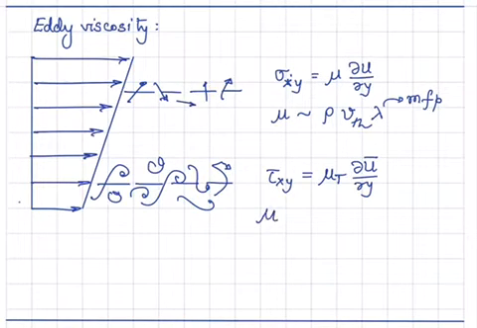We use the same analogy to define turbulent or eddy viscosity proportional to rho, similar to the one above, a velocity that is now characteristic of the turbulent eddies or mixing, which is the effect that mu t is trying to capture, and then a length scale which is also representative of the turbulent mixing.